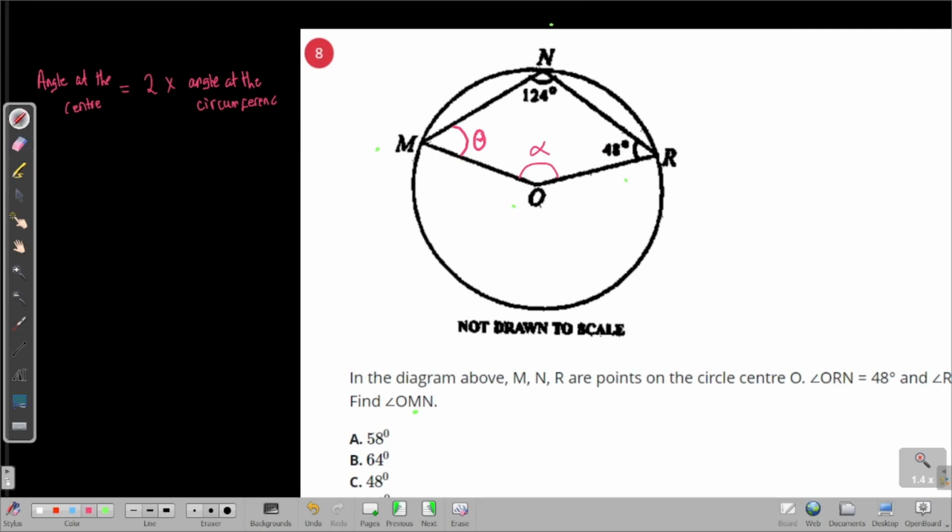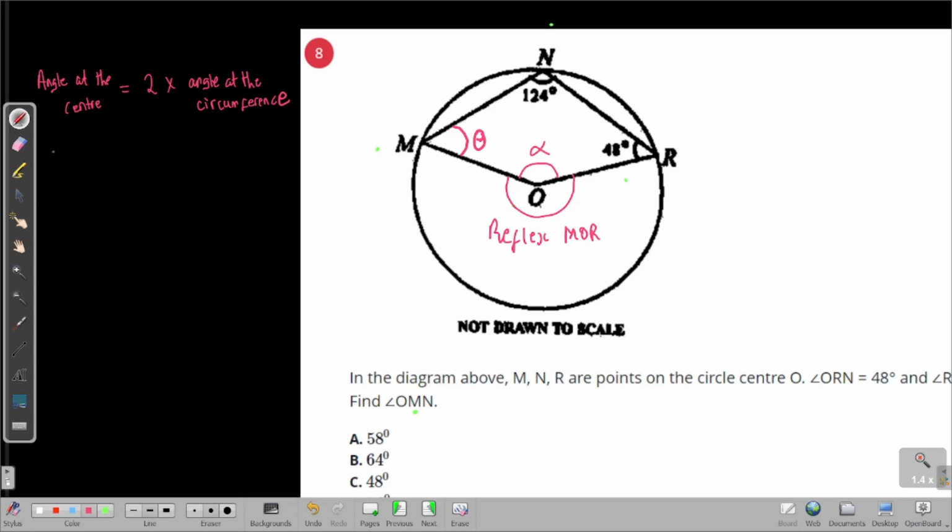So what's the angle at the center? What's the angle at the circumference? The angle at the center is this outer angle here. It's called the reflex angle, reflex ROM, or MOR, either is fine. And then the angle at the circumference is this 124.